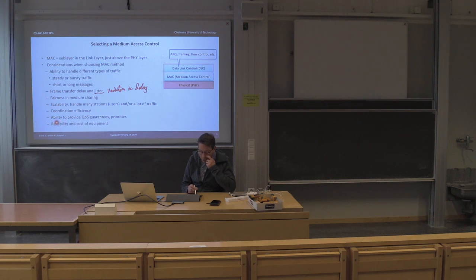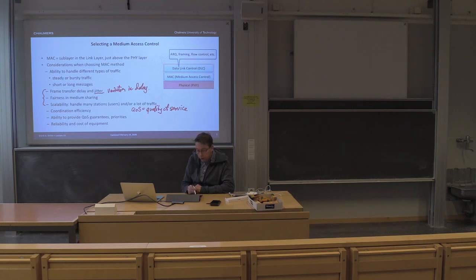And then sometimes we also would like to provide a quality of service guarantee. So quality of service, QoS, is quality of service. And that's a broad term, which includes things like this.